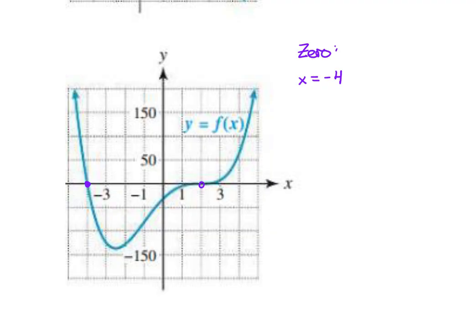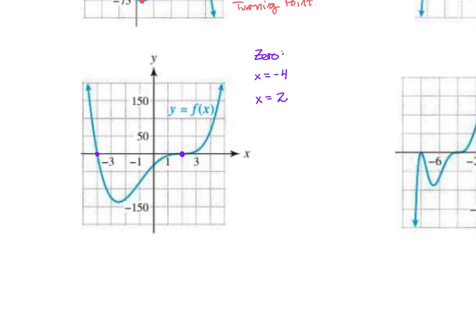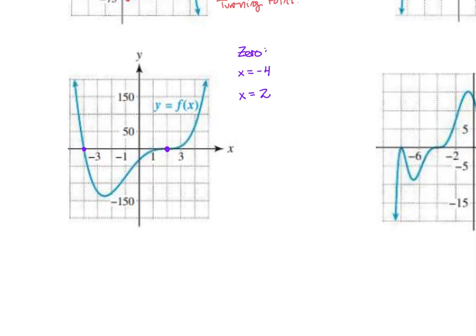We also have an x-intercept at 2, 0, which means that we have a 0 of 2. For both of these, it crosses the x-axis. When we look at -4, notice that we're above it, and on the other side of -4, we're below it.